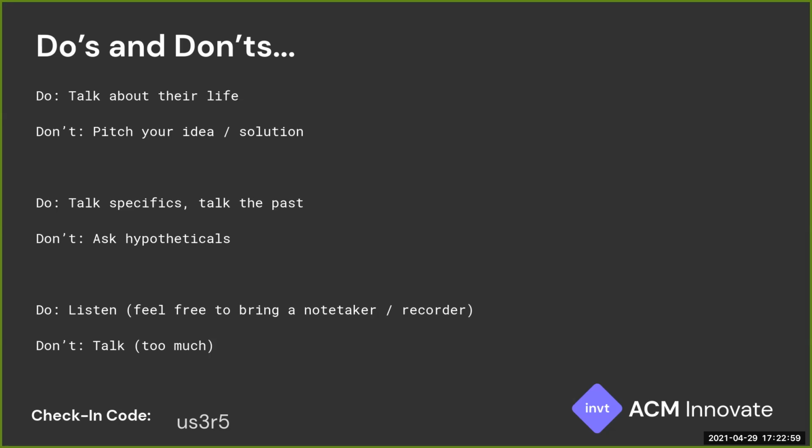Next point, try to be specific. Try to talk about anecdotes. Try to talk about things that have tangibly happened. I've fallen into this trap a lot myself, where I'll be running user interviews for something, and I'll ask, hey, is this a feature you want to see, or is this a problem that you think you'd have?